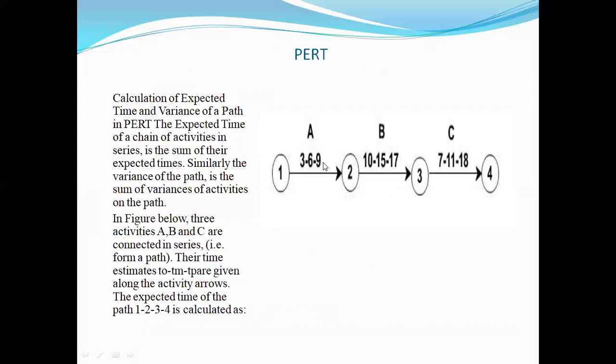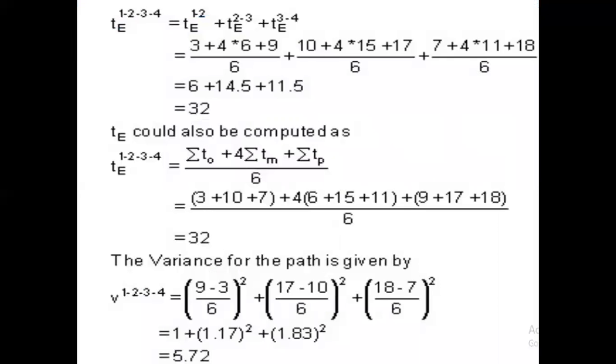How can we identify the three time estimates? The shortest time is TO, the longest time is TP, and the mean average time is TM. For event 1 to 2, understand it, this is PERT, an event oriented technique. The event is 1 to 2, which is carried out by activity A. So how can we calculate the expected time?